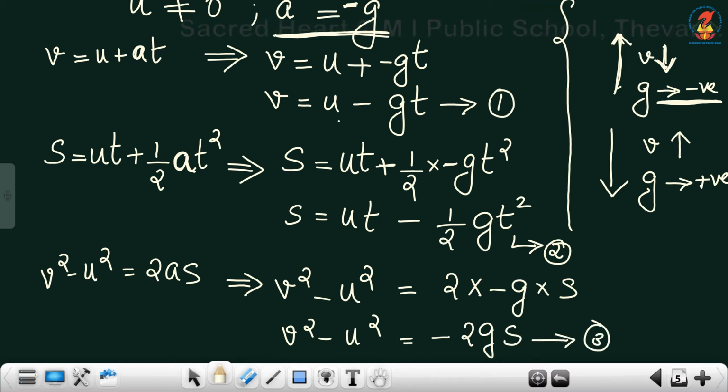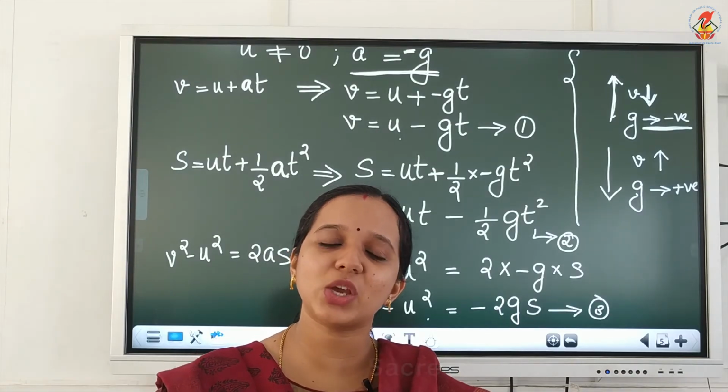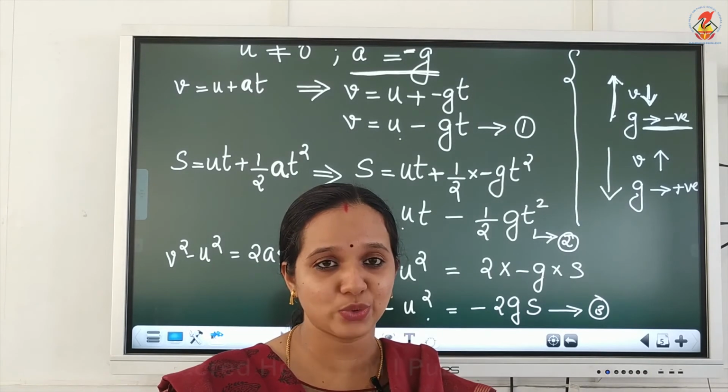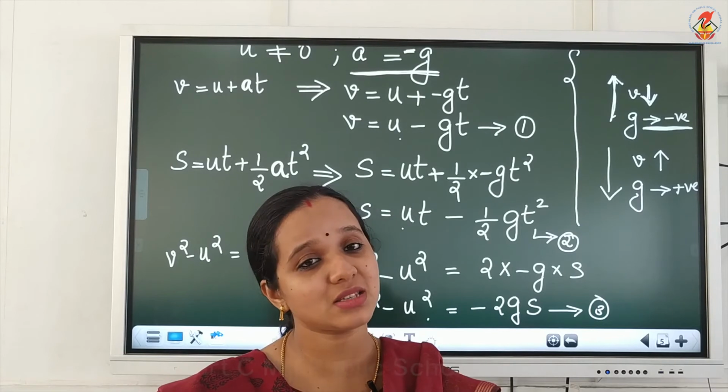So these are the three equations of motion when a body is projected upwards. So when a body is projected upwards with some initial velocity u, and since the body is moving upwards, the velocity will decrease and hence acceleration will have a negative value, and since this is a free fall, acceleration will be equal to acceleration due to gravity and it will have a negative value, that is a will be equal to minus g.